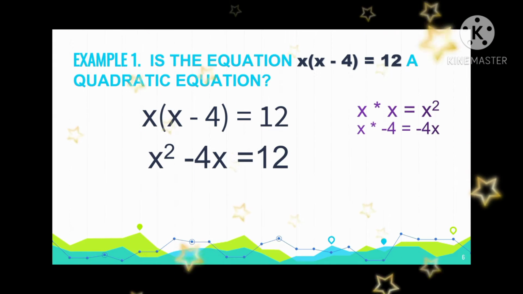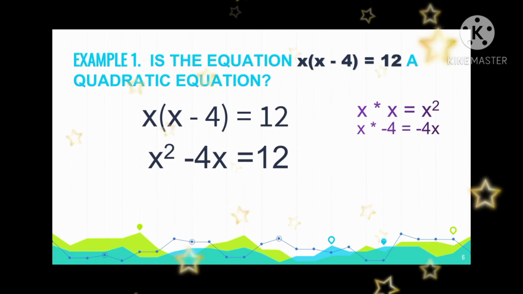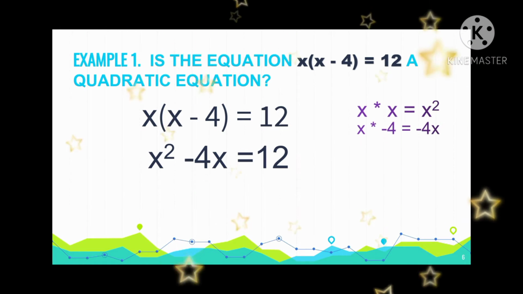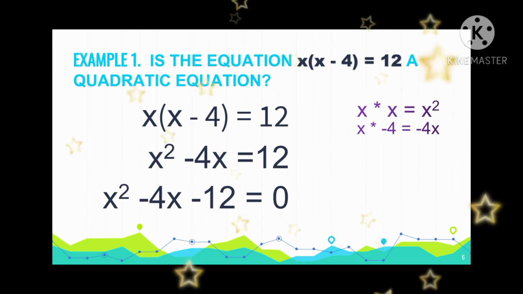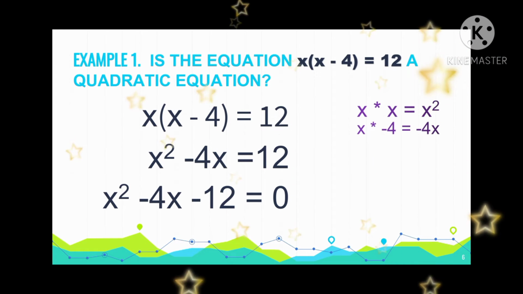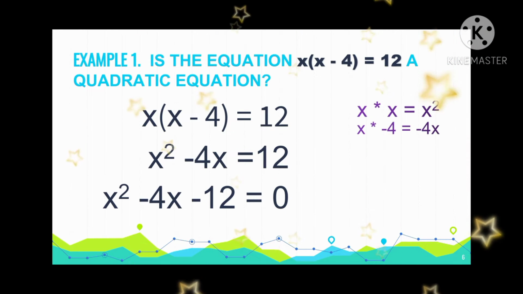We have x squared minus 4x equals 12. So, ilipat natin si 12 sa left side of the equation, leaving the right side equal to 0. So, we have now the equation x squared minus 4x minus 12 equal to 0.